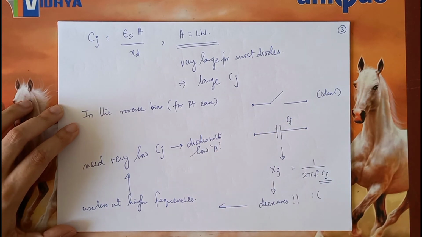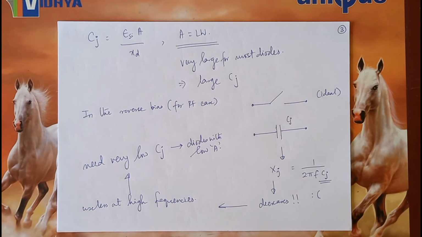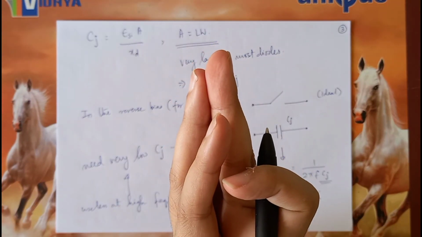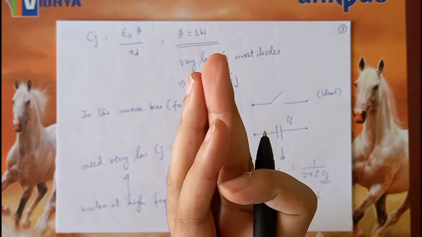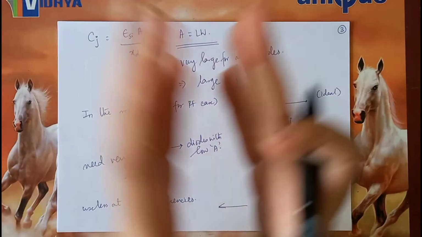So, diodes with low A. But that is not just enough. What we can do is also increase Xd as much as possible. One way to increase Xd, as we saw, is to make the depletion width thicker and thicker, so effectively the capacitance will reduce.